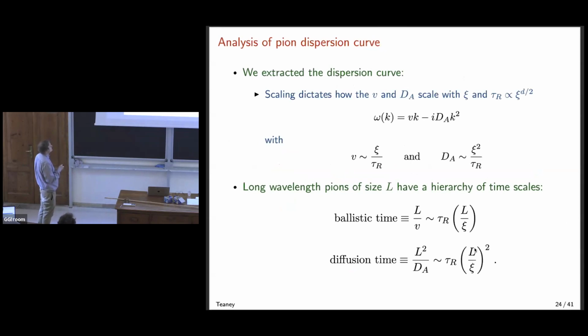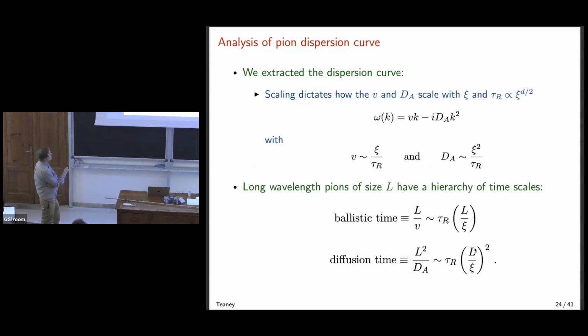Now, what does the critical scaling tell you? We extracted the dispersion curve. The scaling dictates how the velocity and the damping coefficient scale. So here's the dispersion curve, omega equals v k minus i d A k squared. And this critical scaling tells you exactly how these parameters depend.